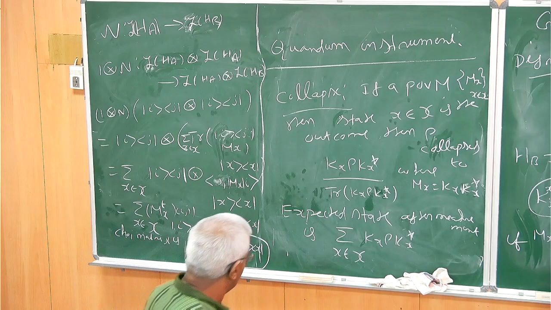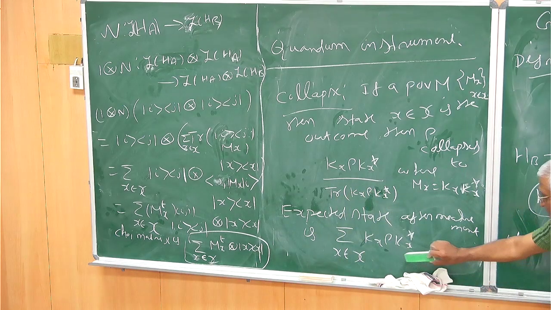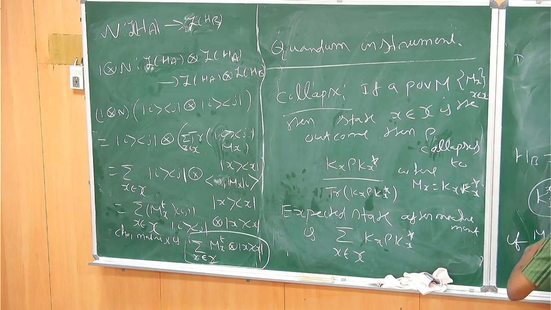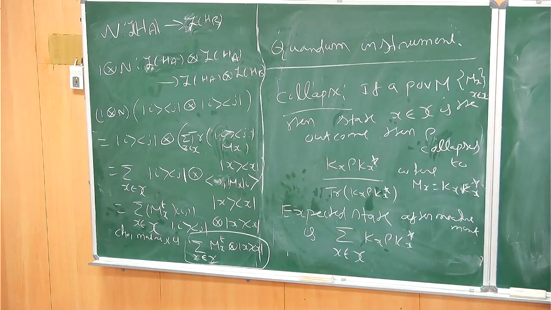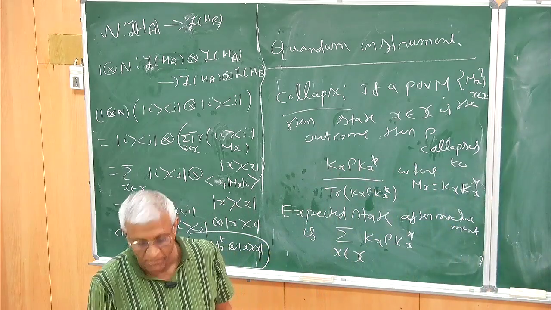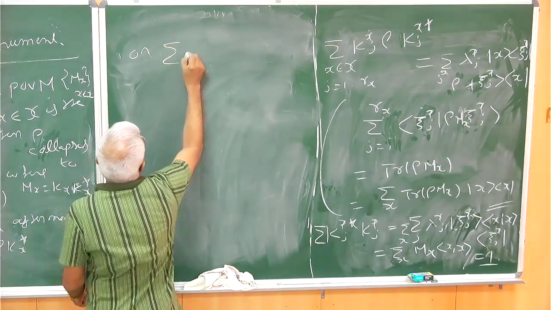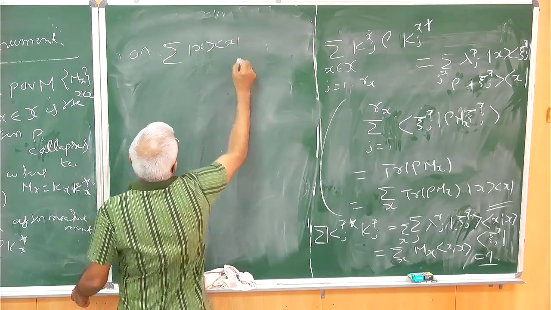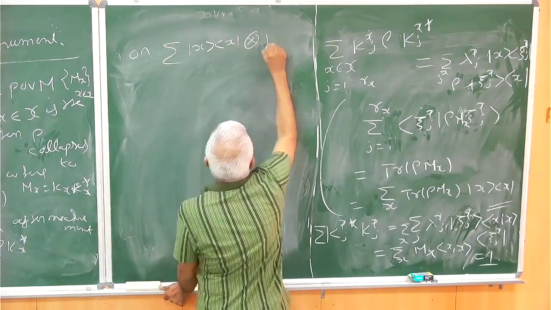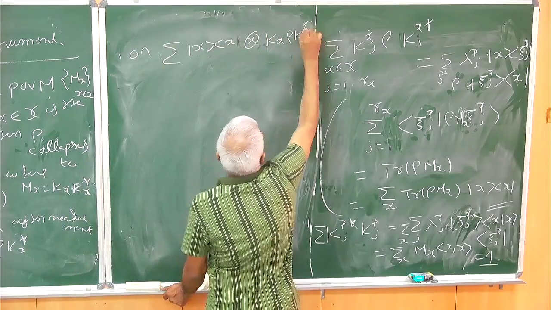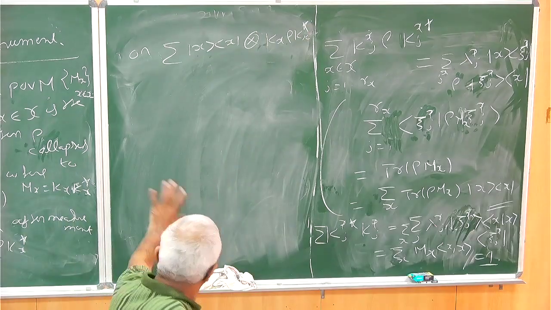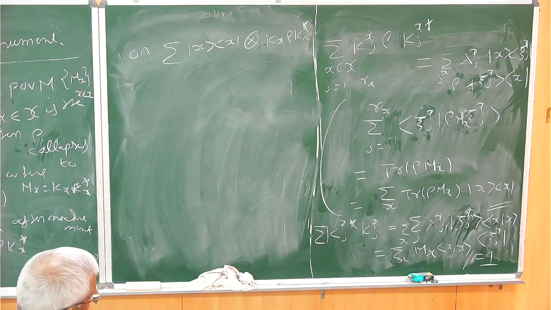This doesn't remember the x; it just sums over it. If you want to remember the x also, you can write it as the summation of |x><x| tensor Kx rho Kx star, if you want. So this is the general background about quantum measurement.